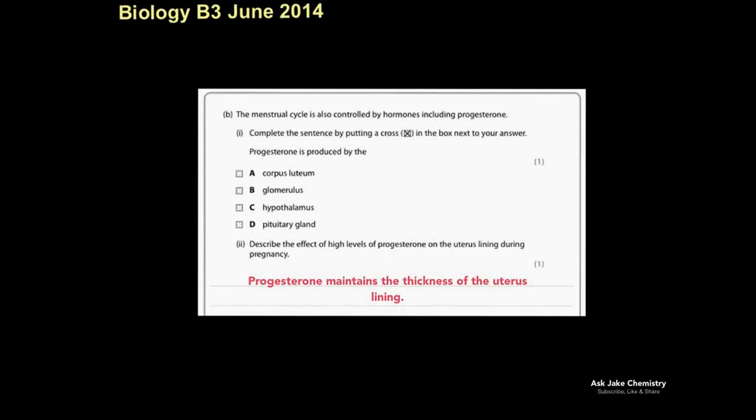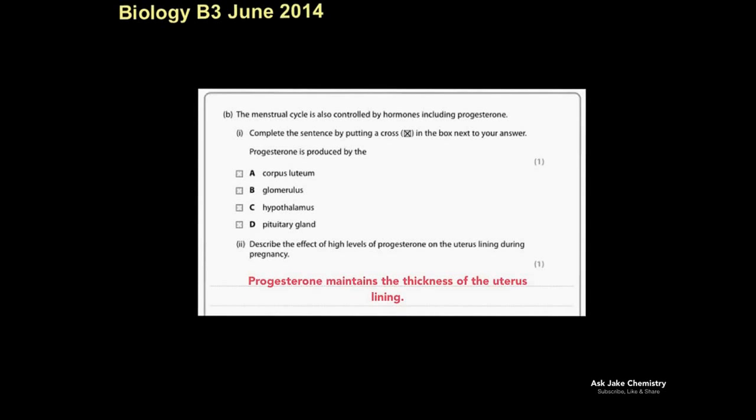So, the menstrual cycle is also controlled by hormones, including progesterone. Complete the sentence by putting a cross into the box next to your answer. Where is it produced? So you need to know all the 4 different hormones, and they give you some things that it could be. Now, looking at the question, we know that the glomerulus and the hypothalamus are not actually in the menstrual cycle.